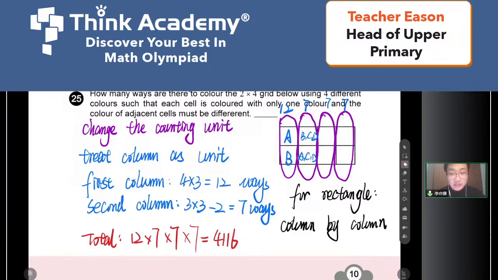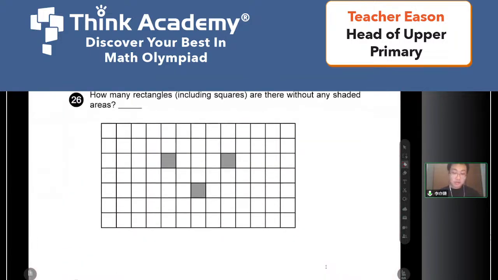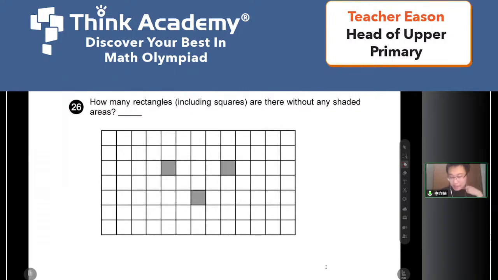Okay, now this is the top 5 questions. Then the question 26. It's a very complex question, I have to say. It says how many rectangles are there without any shaded areas?